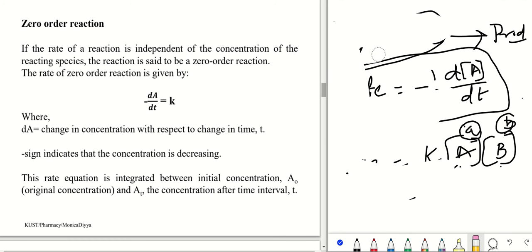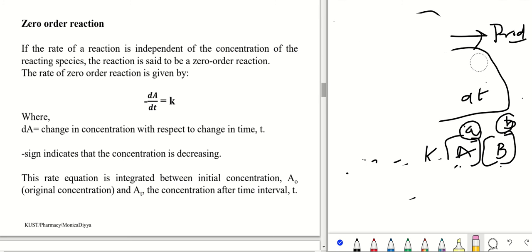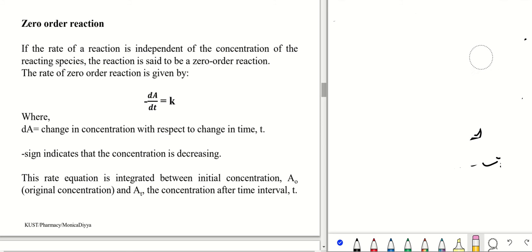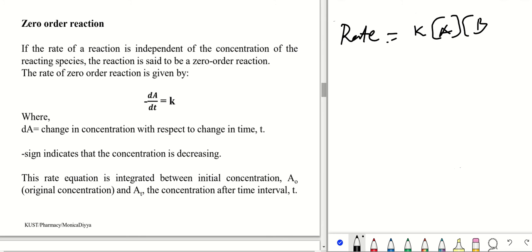As the name itself indicates, the reaction rate is not dependent on the concentration terms. Let me explain through an equation. As we all know, rate is equal to, when we consider A and B as the reactants, A number of moles and B number of moles.